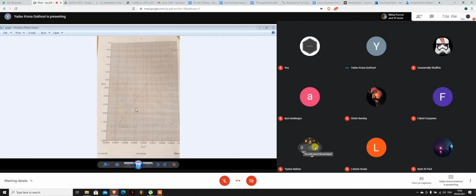It does not pass through 0,0 as it looks like. You have to use a ruler so that the line passes through the maximum number of points. Right now I can't tell you if your graphs are correct or not, but try to use your ruler to find out that it passes through the maximum.